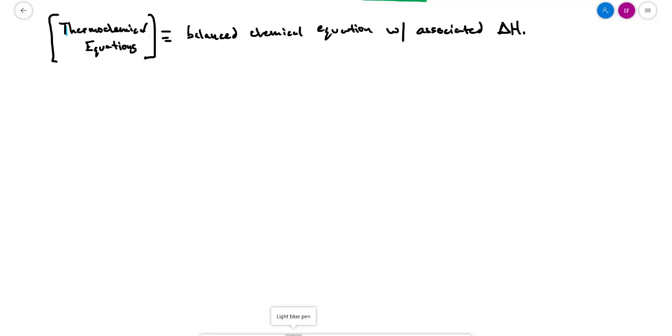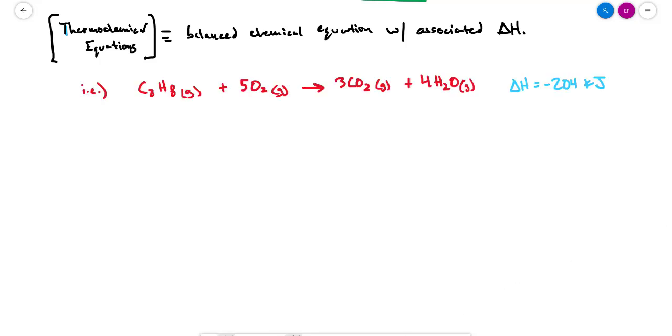It's a balanced chemical equation, but it also has attached to it what the overall enthalpy change for that system would be. So we'll start with this example of propane combustion to form CO2 and water. And the associated change in the enthalpy for this system is 204 kilojoules. And remember that this is not kilojoules per anything explicitly, but implicitly it means that this delta H pertains to the reaction as written.